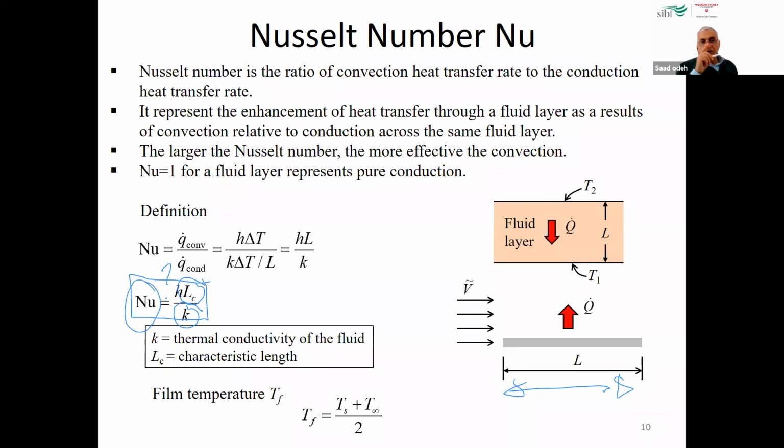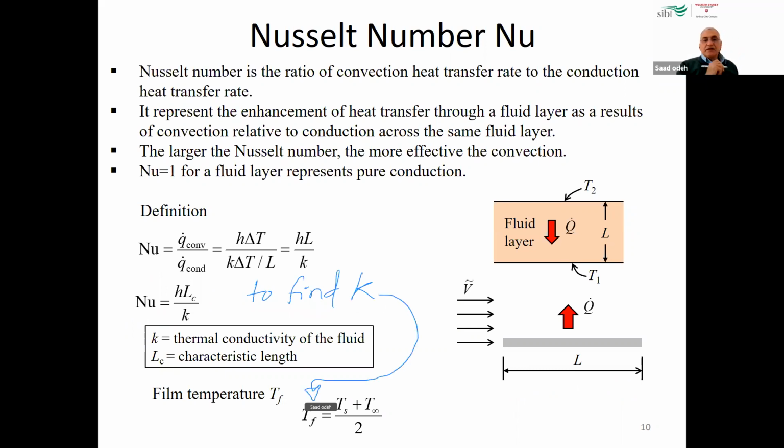Okay, but now I have one important point to find the value of K. To find K, you always need to refer to T-film.